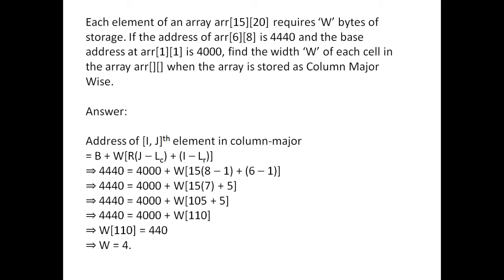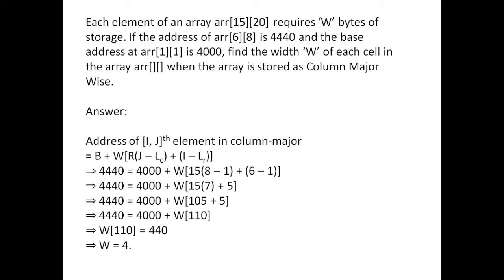So children, for IJ, the total address is given, that is 4440. Place it equal to B, where B value is given as 4000. W we need to calculate. The total number of rows is 15. I and J are given: I is 6 and J is 8. Lower row and lower column are also given as 1, 1.